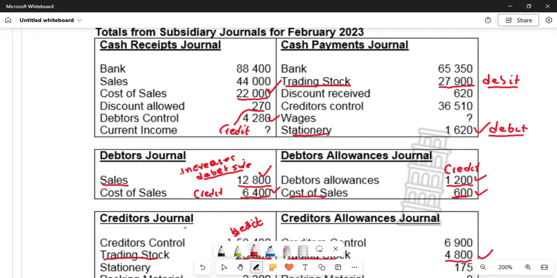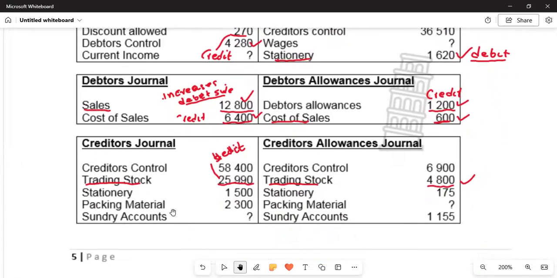That is that. Now we come to creditors control from, not cash journal, sorry, from creditors journal. Here is our creditors journal. Do we have stationery there? Here is our stationery of 1,500.